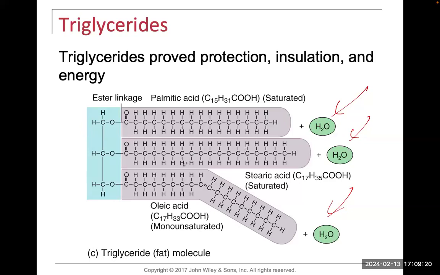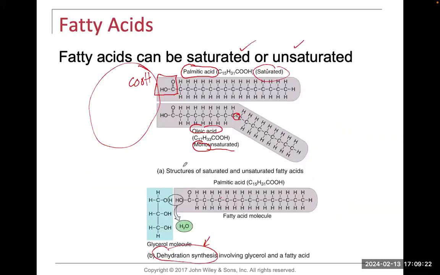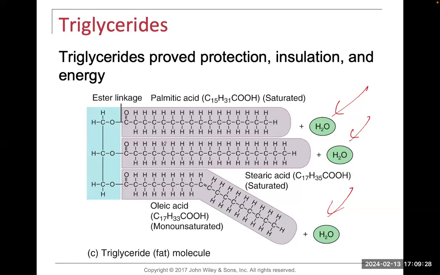Now we're making, here is a monoglyceride. If you have 2, diglyceride. And if you have 3 fatty chains, it's a triglyceride. And each time they pulled out the H2O, they pulled out a hydrogen and an oxygen to create the linkage here.